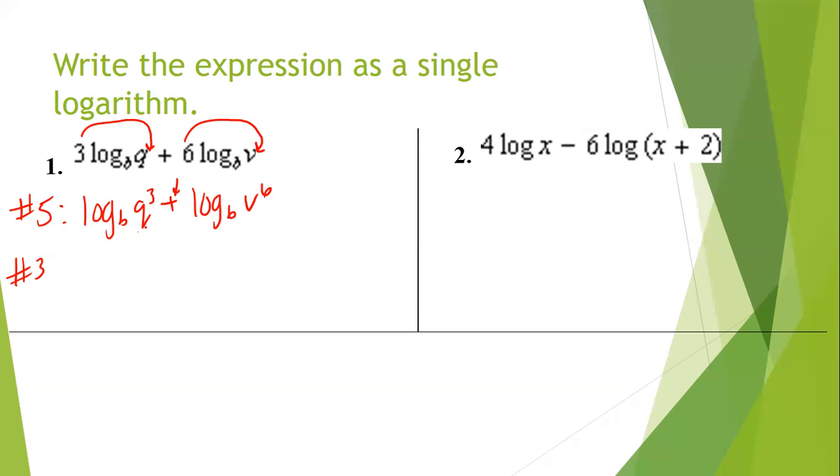So we have log base B of q to the third times v to the 6. So now I condensed it down to 1 log. Using the same logic, I would like for you to try example number 2 at your table.